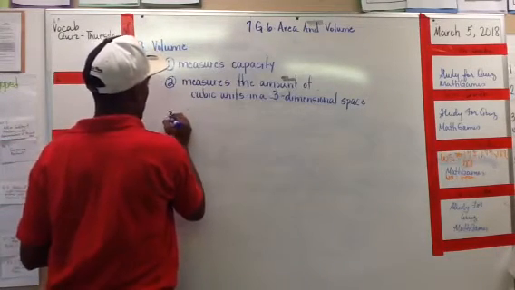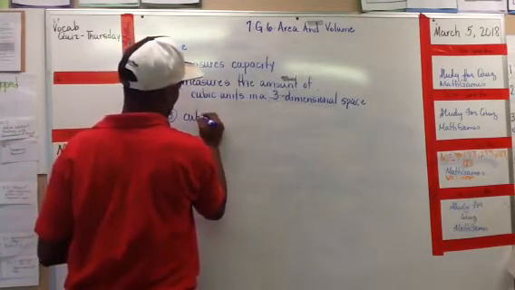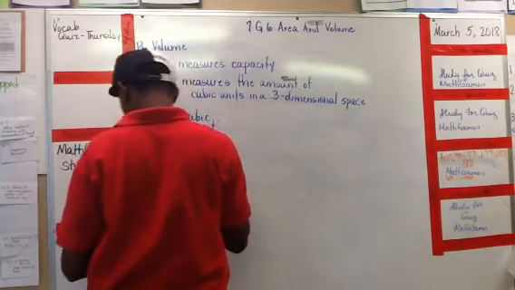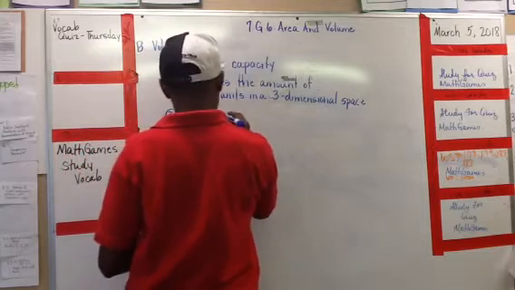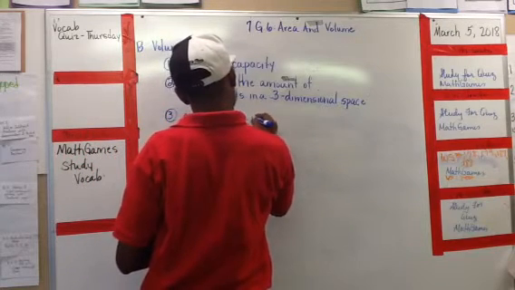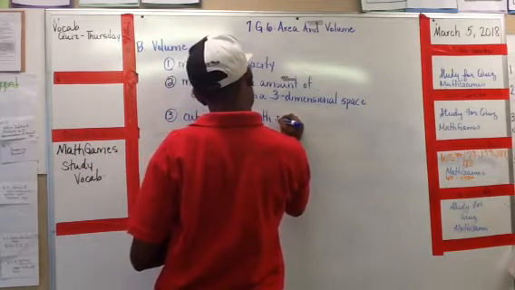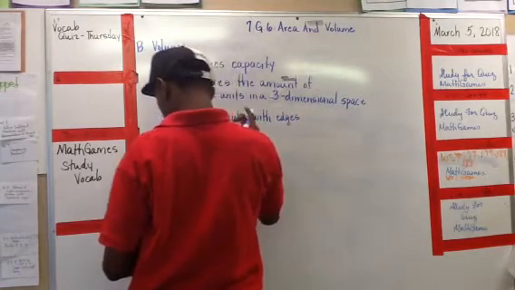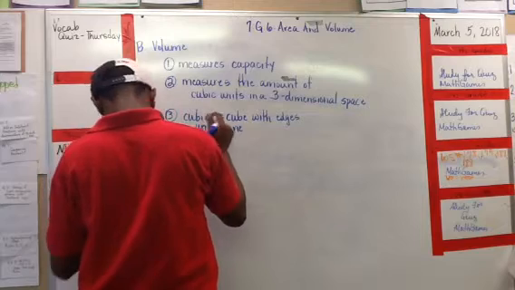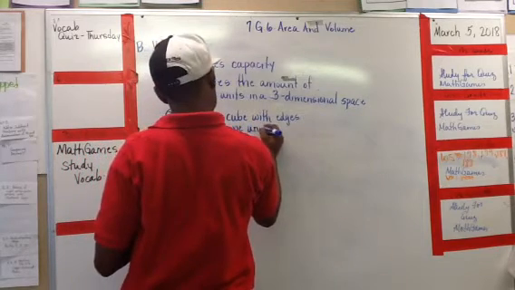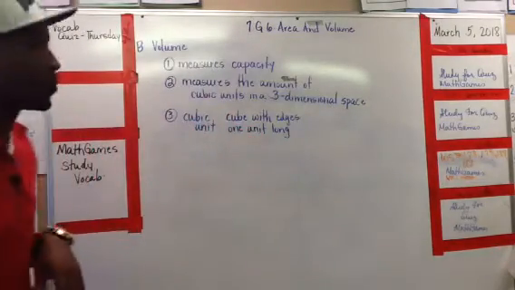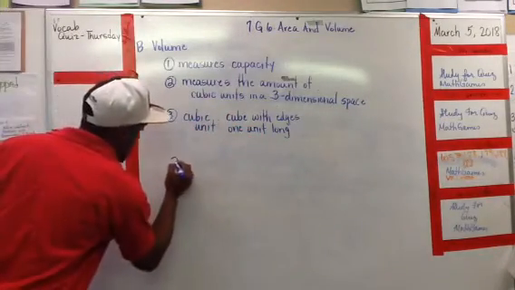A cubic unit is a cube with edges 1 unit long. Volume typically measures three-dimensional shapes or spaces.